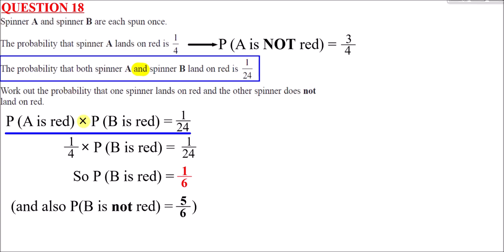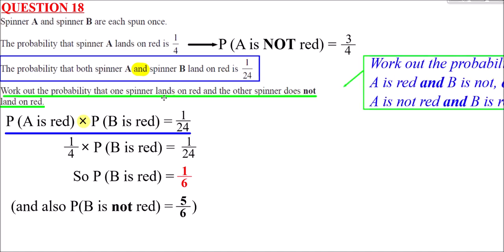So if I highlight in green the actual question, work out the probability that one is going to be red and the other is not, I'm going to reword this in a slightly different way to emphasize how the use of language can help with probability questions. The chance that one is going to be red and the other's not, well, there's two different ways that could happen. So to be careful and logical, we can word this more clearly.